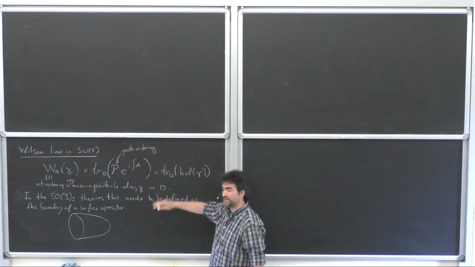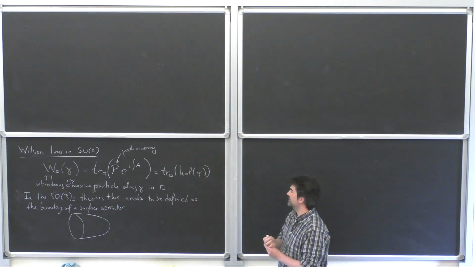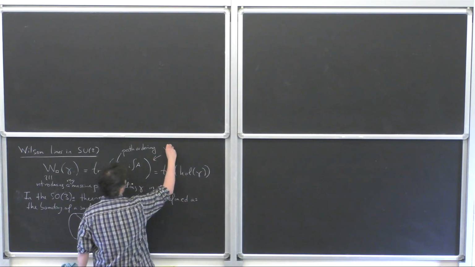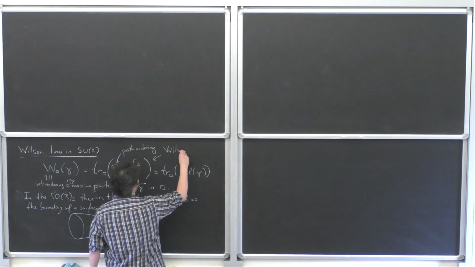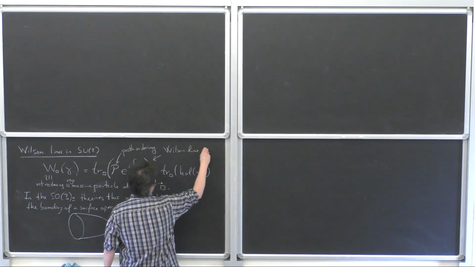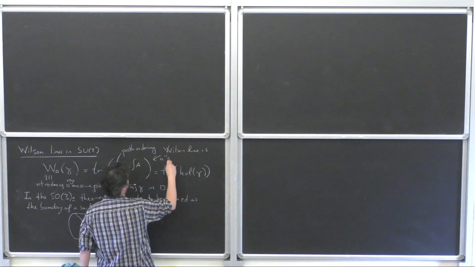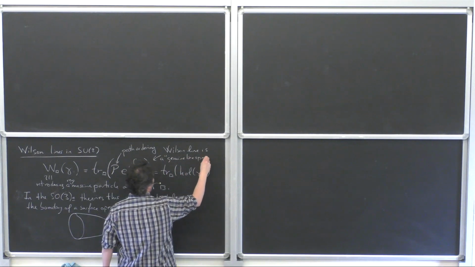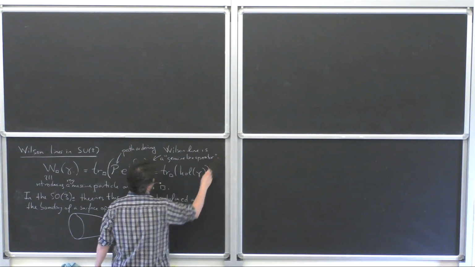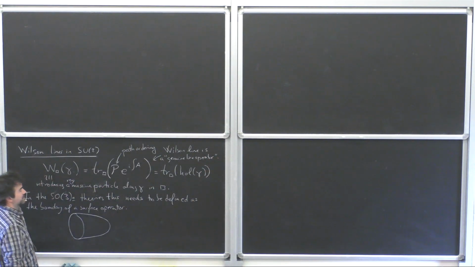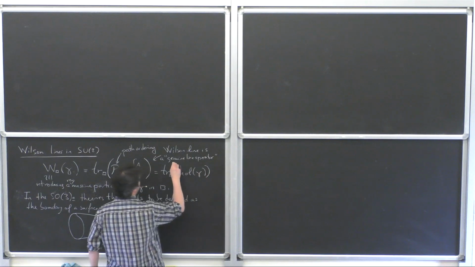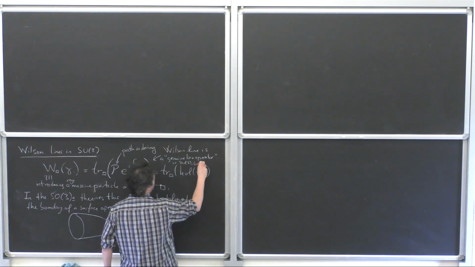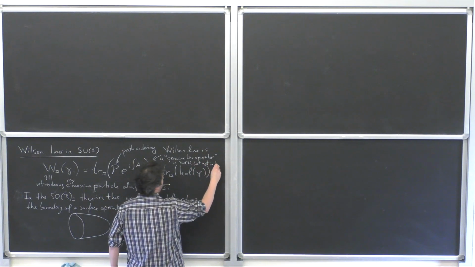So to keep track of this distinction, the word that people use is that we say that the Wilson line is a genuine line operator in the SU2 theory, but not in SO3.